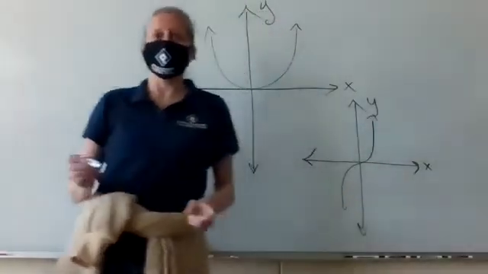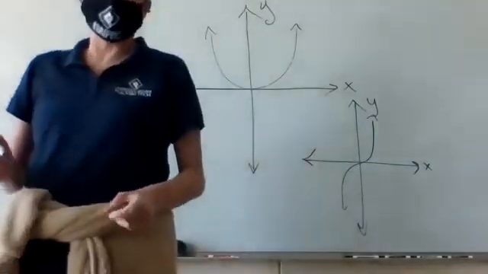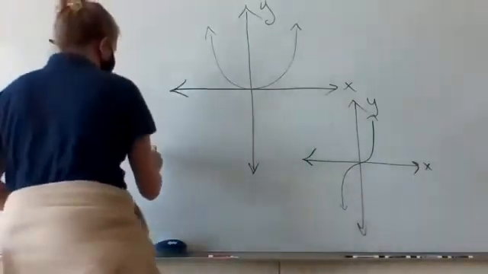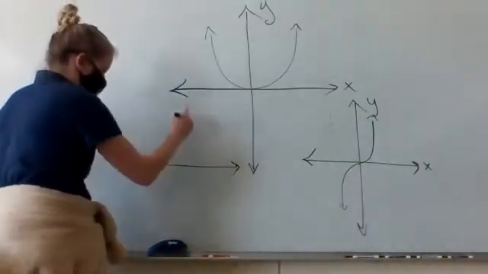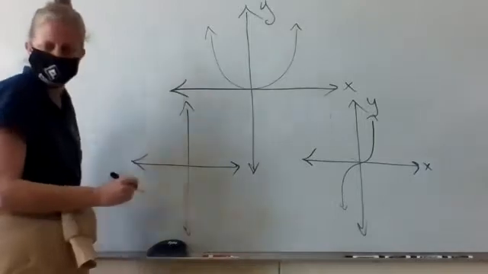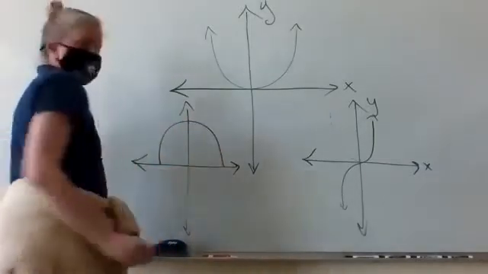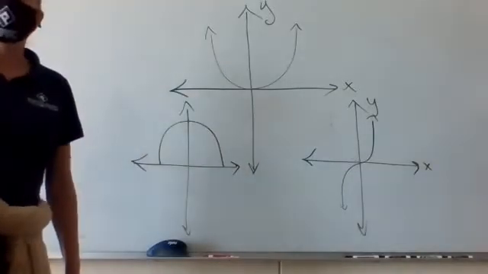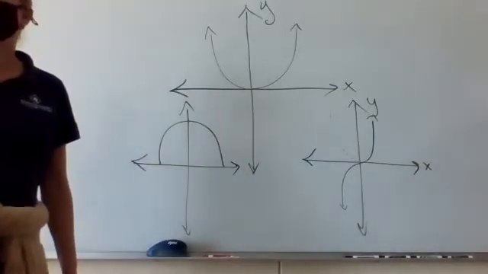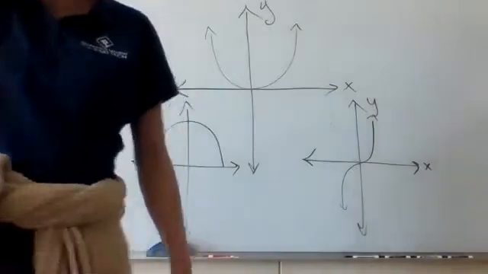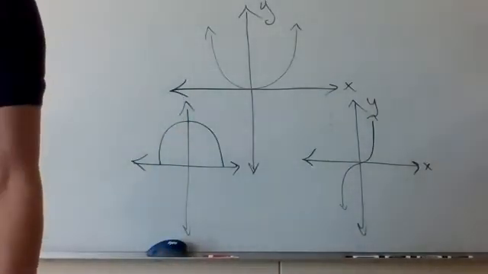That's what makes you odd. Okay? So when we're looking at number 1, what does it look like? It looks like that, which would make it what? Even, right? Because it's symmetrical across the y-axis.